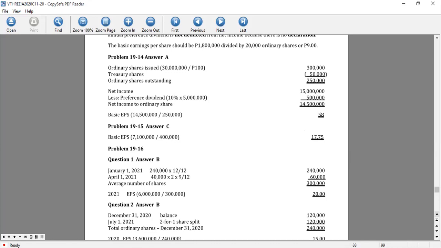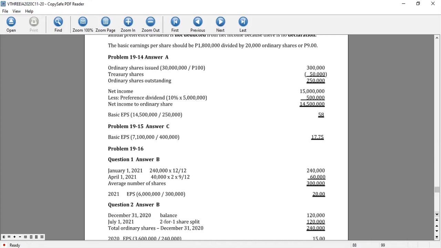Question number 2, what should be the amount to be reported as basic EPS for 2020 in the 2021 comparative income statement? So for question number 2, December 31, 2020, the balance is 120,000 shares. Then July 1, there was a 2-for-1 share split to 120,000.